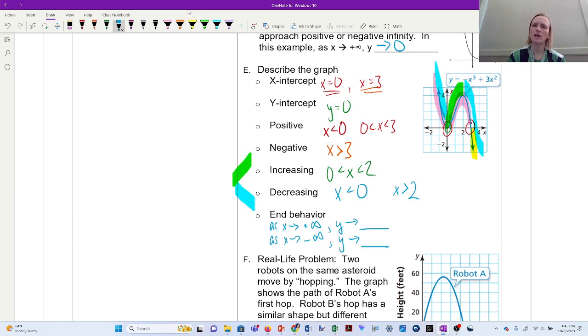So looking at the graph, as we approach positive infinity in the x direction, as we go more and more this way, the graph goes more and more downward. So y is approaching negative infinity. And as x approaches negative infinity, as I move more and more to the left, the y value gets bigger and bigger, goes up and up. So y approaches positive infinity.